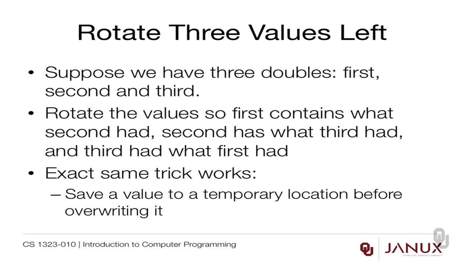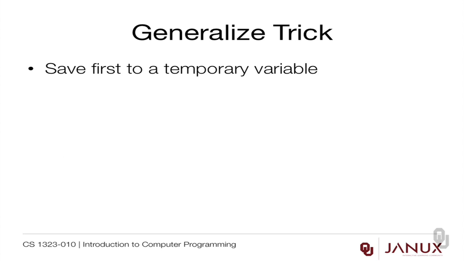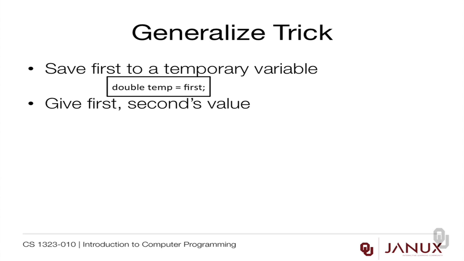So what we're going to do is save a value to a temporary location before overwriting it. So, first we're going to save first to a temporary value. So double temp equals first. Then we're going to give first second's value. Notice it's okay to overwrite first at this point because we've saved the value someplace else, to temp.